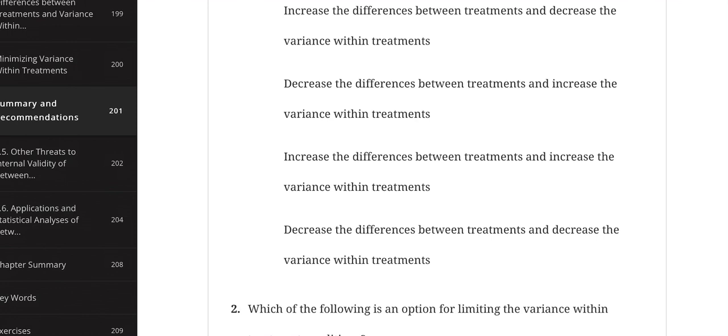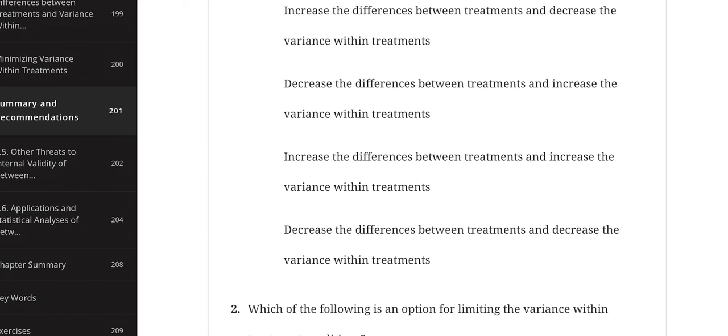Hopefully, from looking through this, you know that decreasing differences between treatments is never a good idea. In a between subjects design, we want those differences between the treatments to be large. We want the independent variable to have had an effect. So the two that start with decrease the differences between treatments obviously is incorrect.